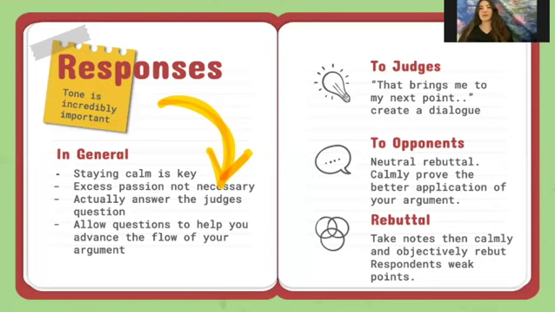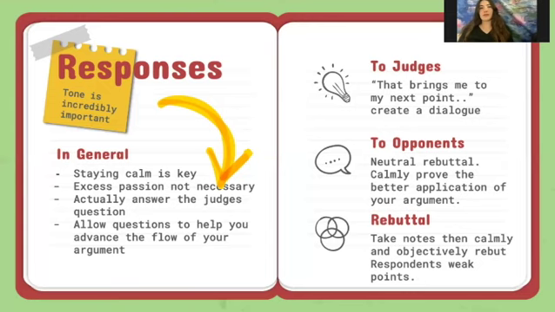Excessive passion is not really necessary in these responses, because a justice is on a certain wavelength when they're asking you these questions. You can match their energy, but you can also be passionate if they're asserting something that would have a bad implication for you and your argument. That's where you can bring in some passion, but you want to be very concise and clear with these responses and avoid making it emotional at all.